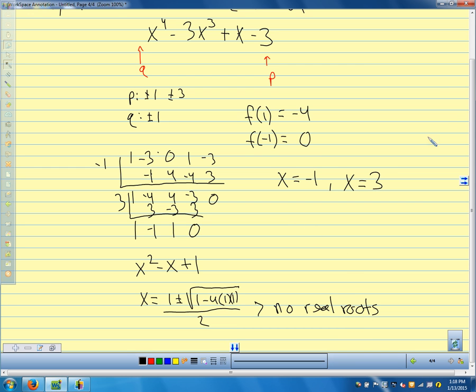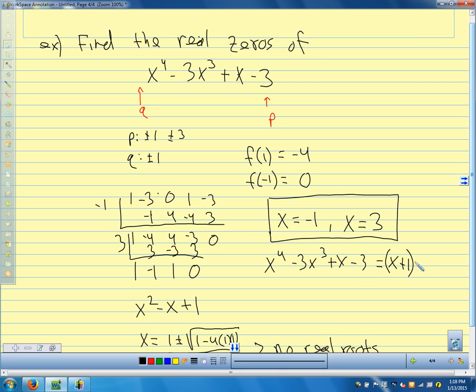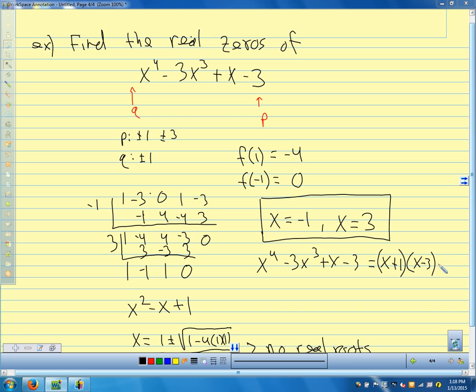So our real roots of this polynomial are x equals negative 1 and x equals 3. And if it asks us to factor this, we could say that x to the 4th minus 3x to the 3rd plus x minus 3 equals x plus 1 times x minus 3 times x squared minus x plus 1.